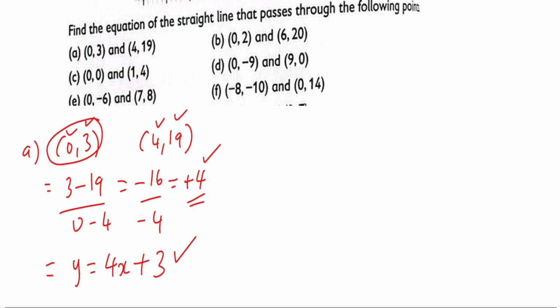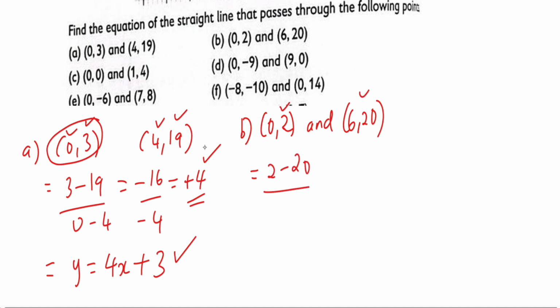Let's try another question. Let's try question B. Now obviously it's the same thing. We have 0,2, and we have 6,20. So again, changing y over changing x, 2 minus 20 over 0 minus 6.